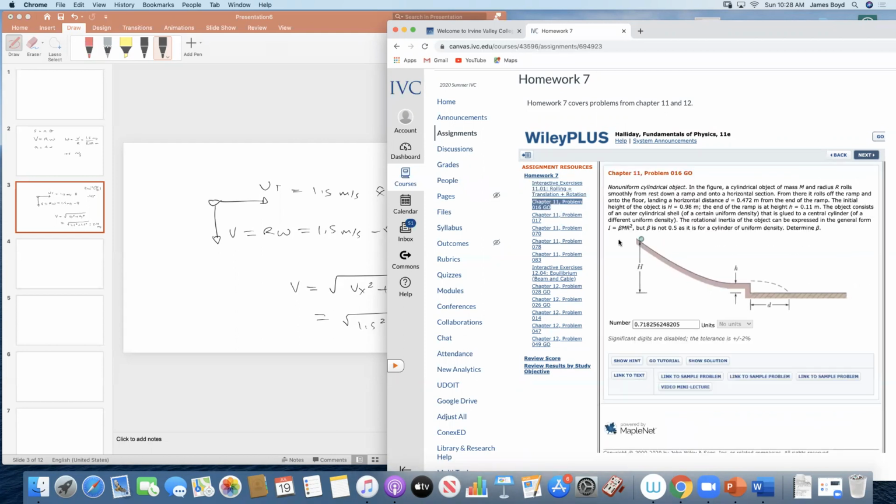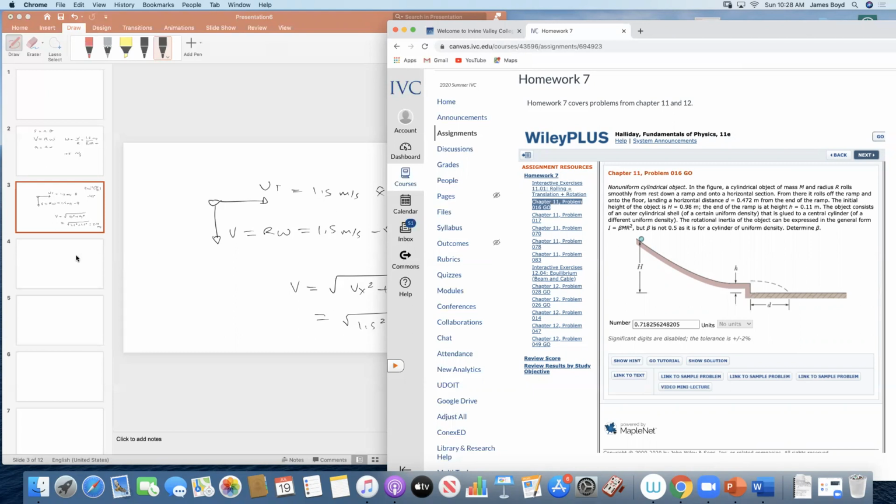Now, this problem is one of those fun problems where we're going to use energy for the first half and projectile motion for the second. There were a few examples of this in Homework 6, I believe, or Homework 5 or 4, where you had the skier going down and jumping off a ramp and all that good stuff.